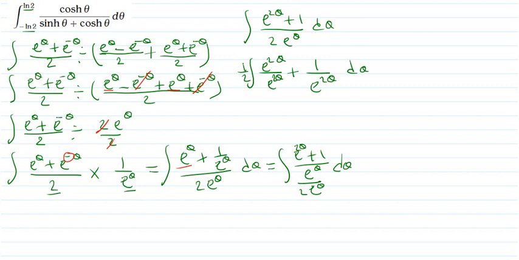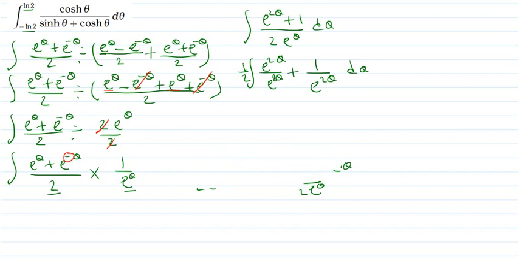Simplifying this further, we're going to have 1 over 2, the integral of this e^θ and this e^θ will make 1. So it's going to be 1 plus, then this e^1 over e^θ, we can take it up. We are going to have it as e^(-2θ), then dθ.